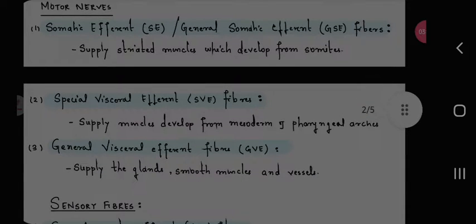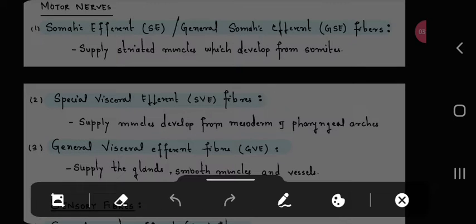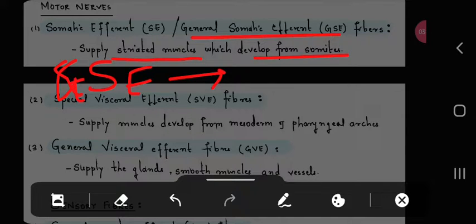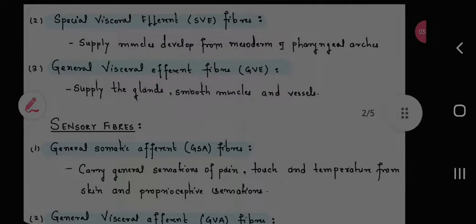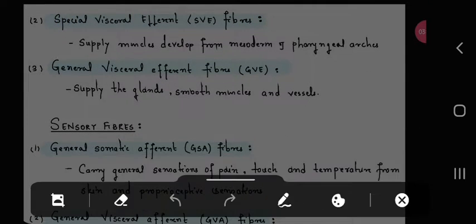Now motor nerves. General somatic efferent, GSE, supplies striated muscle which develops from somites. The GSE column contains 3, 4, 6 and 12 nerves. Now special visceral efferent, SVE, supplies muscle derived from the mesoderm of the pharyngeal arches.